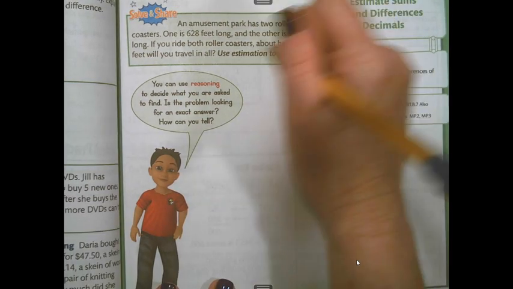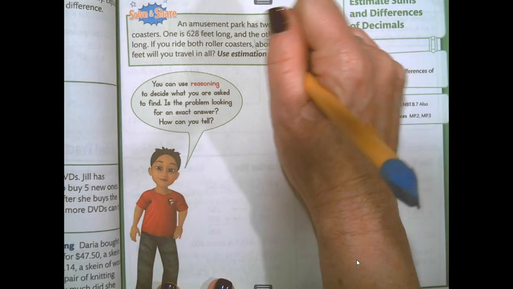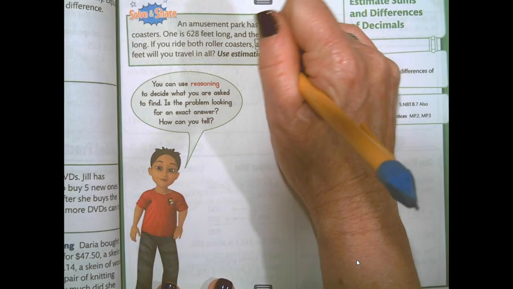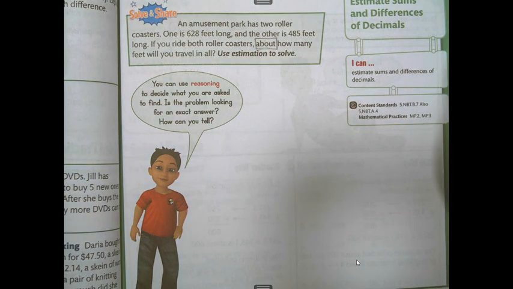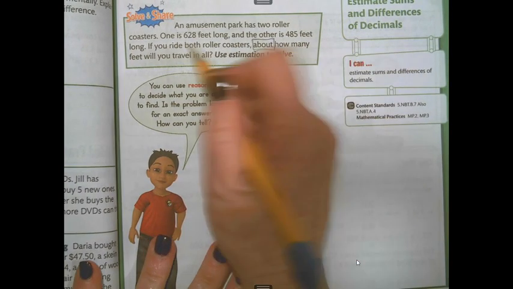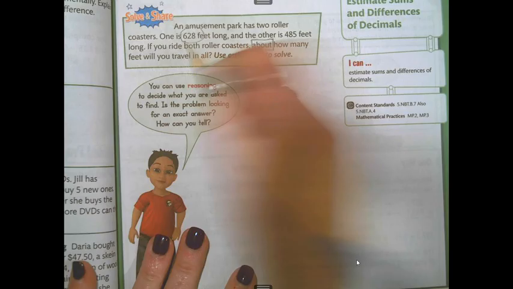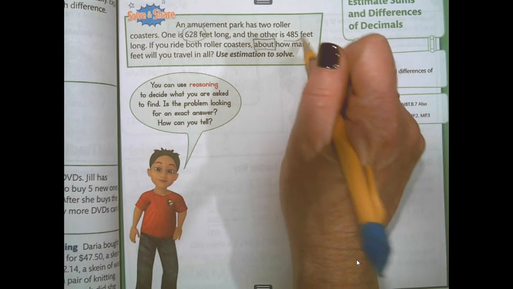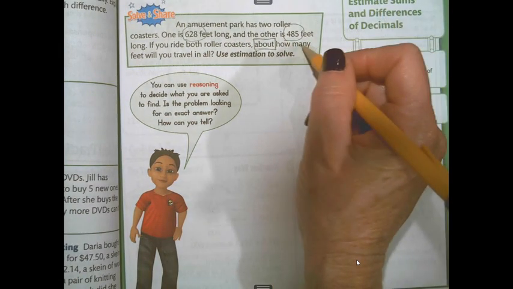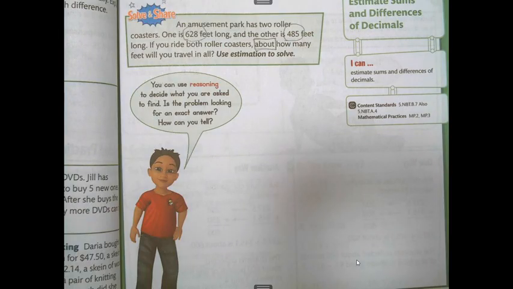So there's some clues here. When you're asked to find an about answer, you're looking for an estimate. All right. We're looking for both roller coasters. How many feet will you travel in all? That means I'm going to combine the feet from one roller coaster with the actual length of feet of the second roller coaster. So we're adding.